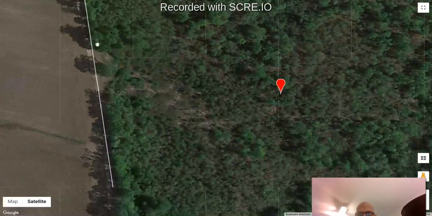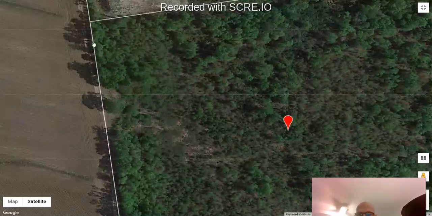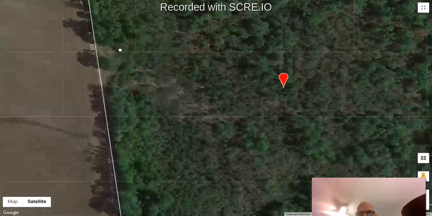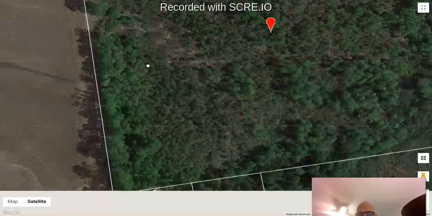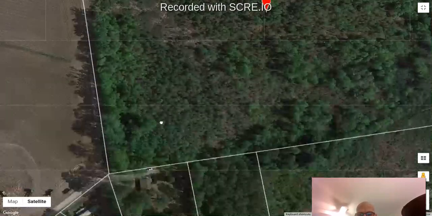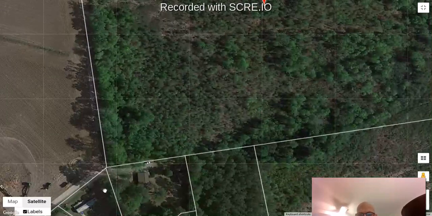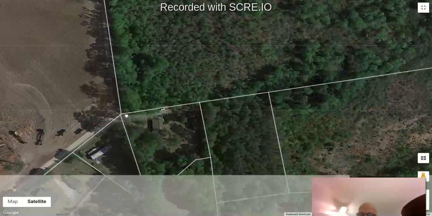And then on this side, we've got farmland, and there's a little road here. This looks like a farmer's road that they use when they're working these fields. They would drive their equipment around the edge there. So that's not a real road from what I can tell. And then down here, this looks like an actual road because you've got houses and mobile homes on it.